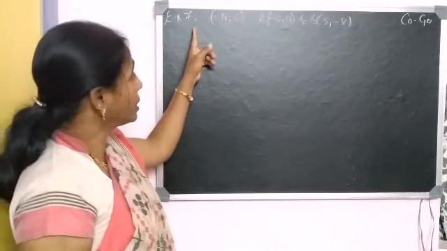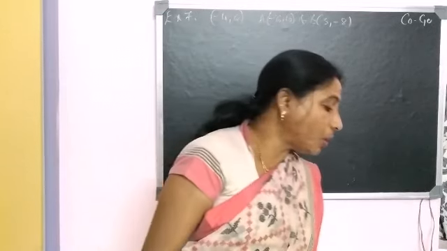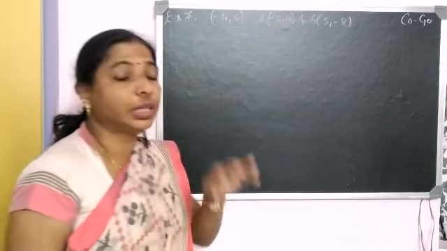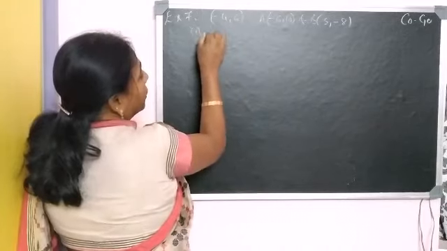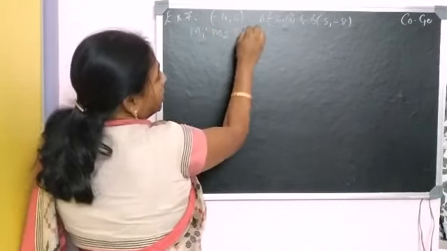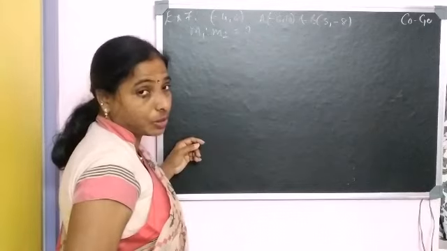See children, in example 7 they have asked: in what ratio does the point, that means you have to find out m1 is to m2. What ratio means m1 is to m2 is question mark.